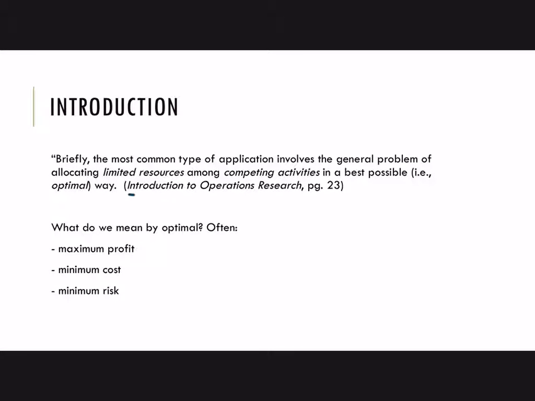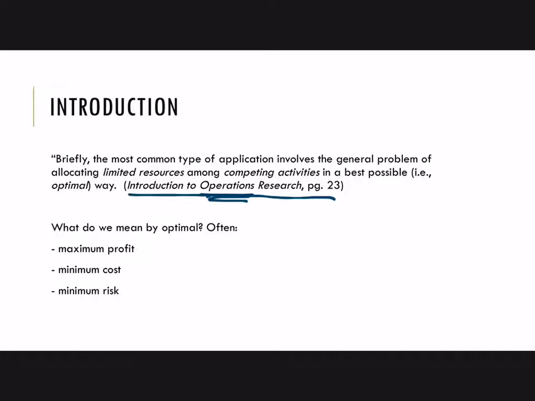Here's a quote. I'll reference this book and I'll post this for you so that you can see. This is a book called Introduction to Operations Research, and it's what it sounds like, operations or companies, and then research into solving some of these problems that they may come up against.